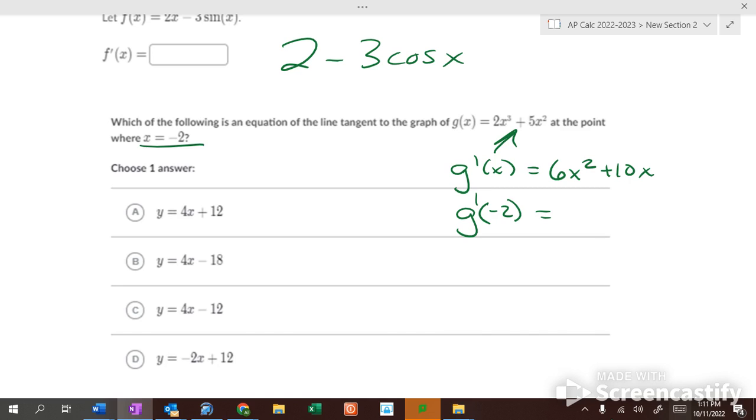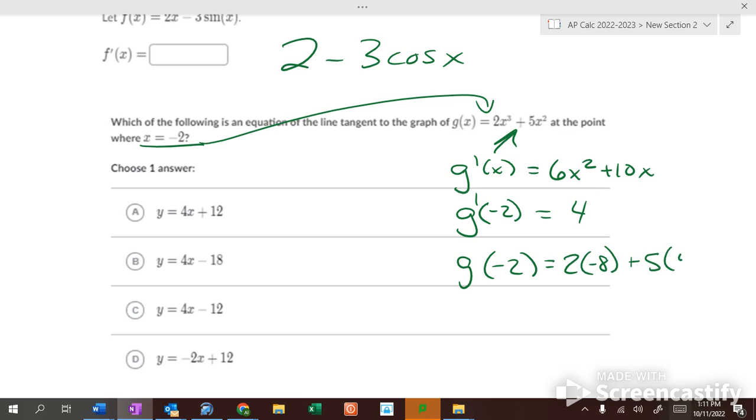So negative 2 squared is 4 times 6 is 24. Put in a negative 2 there, that's 20. So it just gives us 4, right? Then the negative 2 also has to go in the regular g function. So 2 times negative 2 cubed, which is negative 8, plus 5 times negative 2 squared, which is 4. So this is negative 16 plus 20, which is also 4.